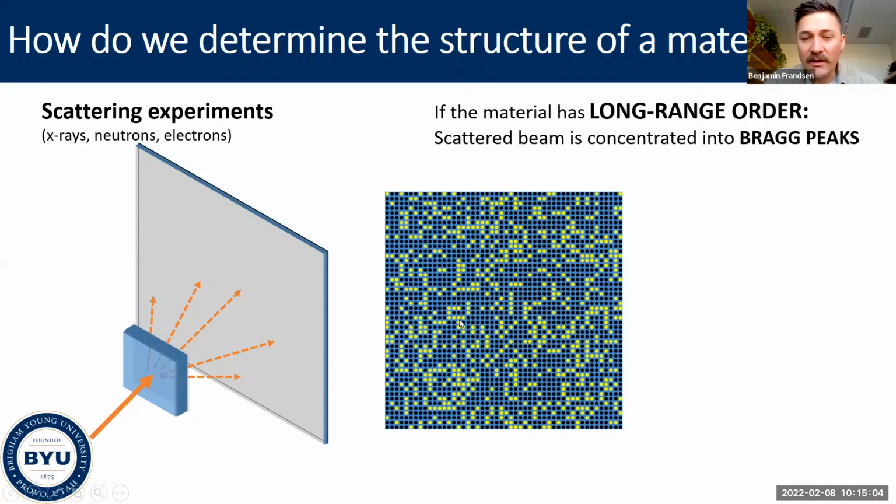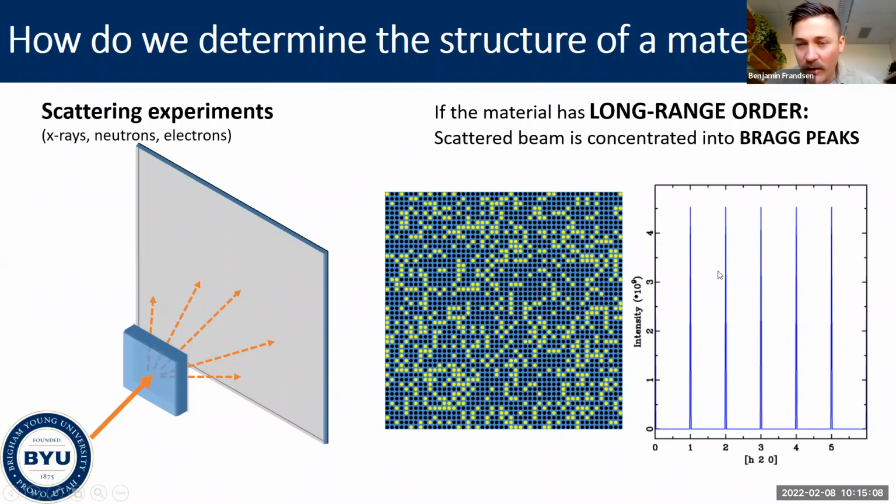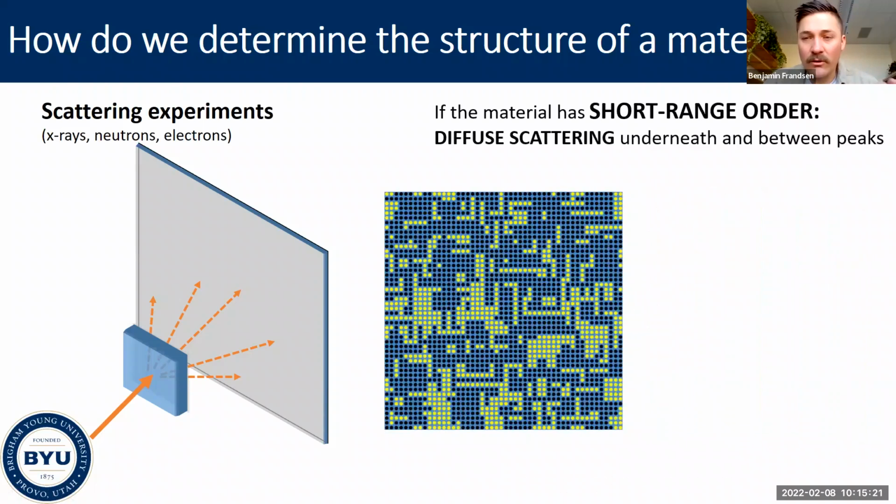So for example, if we calculate the diffraction pattern from this alloy, then we have very sharp Bragg peaks, and the periodicity and spacing of these Bragg peaks and intensities tell us about the structure of our alloy here. All right, now what if the material has short range order or local structure that deviates from the long range average structure?